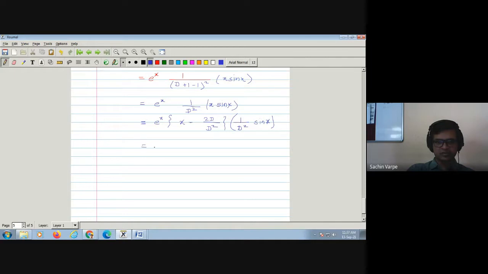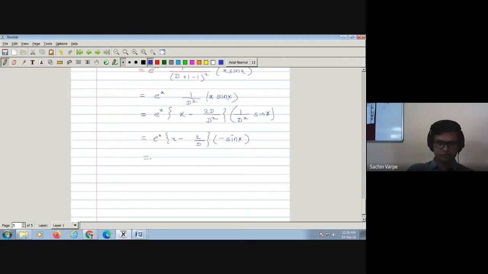So that is equals to e to the power x into x minus 2 by d minus sin x. So minus x sin x plus 2 by d of sin x.